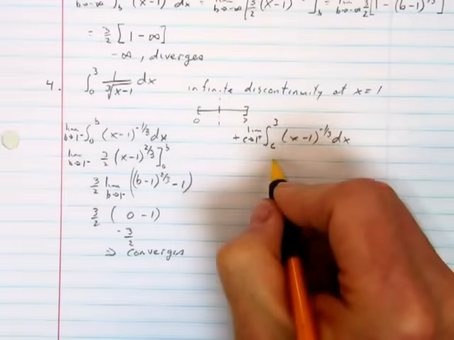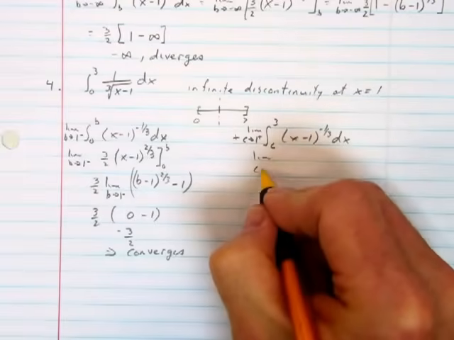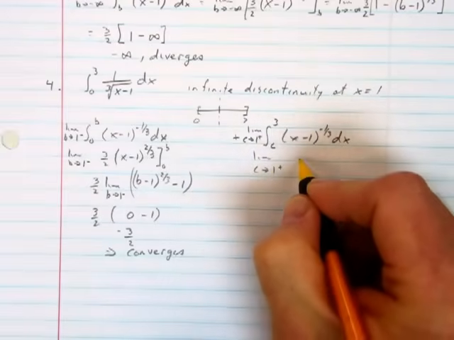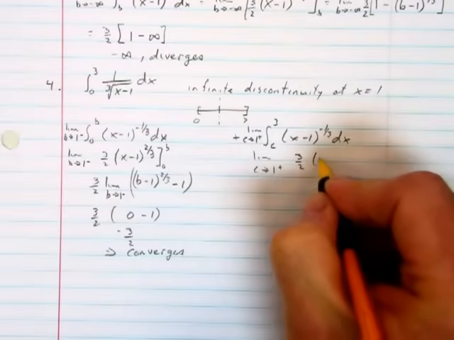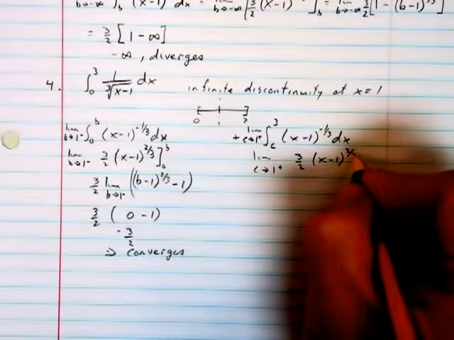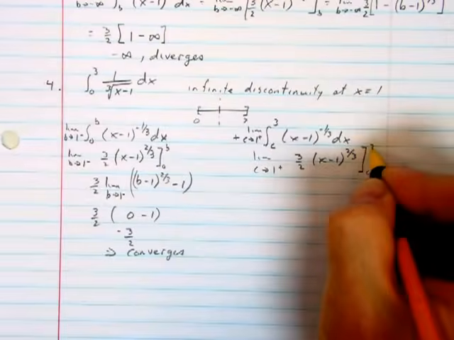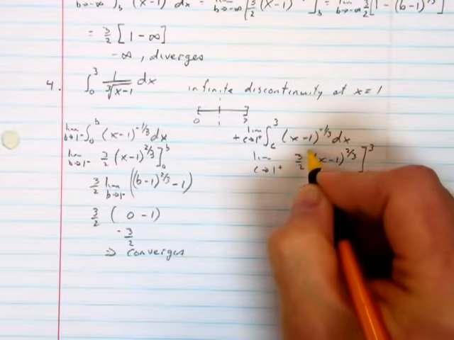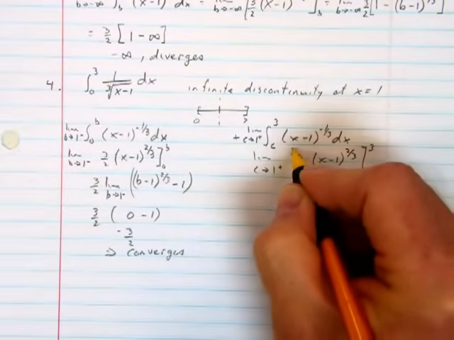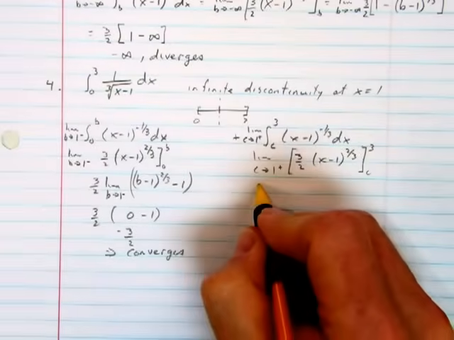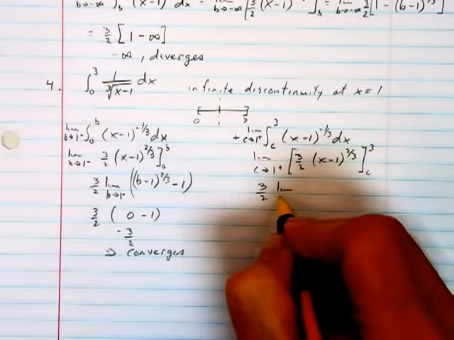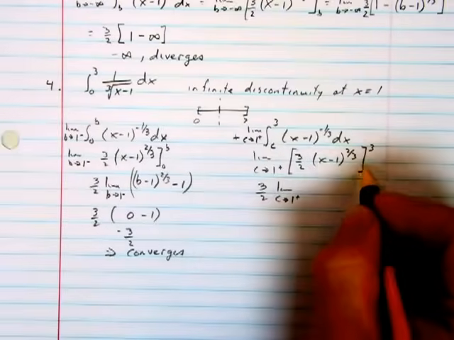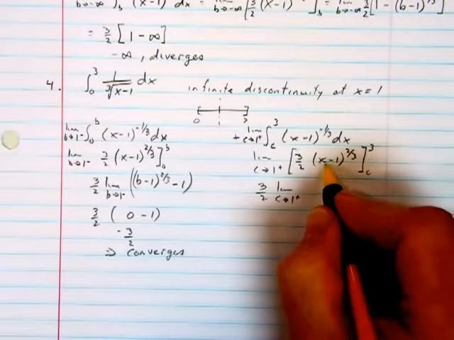Now let's take a look at the next part. We'll have the limit as c goes to 1 from the right side of 3 halves (x minus 1) to the 2/3 going from 0 to 3, sorry, from c to 3. And then we can take that 3 halves out. Limit as c goes to 1 from the positive side. Plug in a 3.